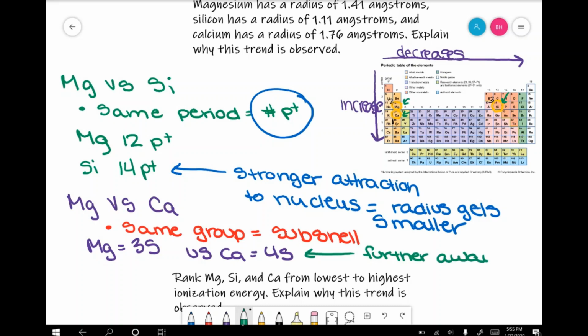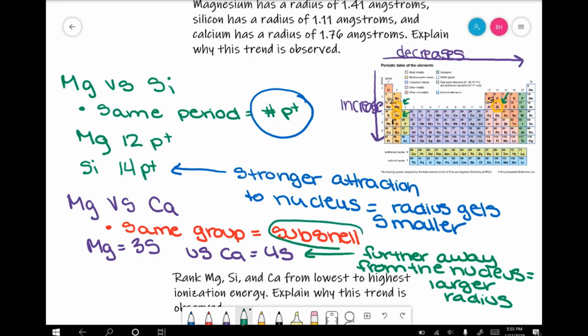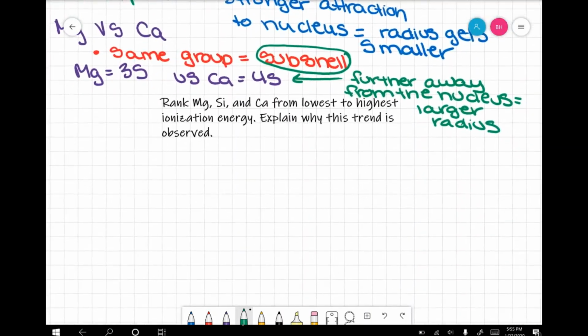And if it's further away from the nucleus, that means that my radius is larger. So when we're comparing this, again, if they're in the same group, we're going to be paying attention to the subshell that they're in, because that's going to tell us how far away those electrons are.